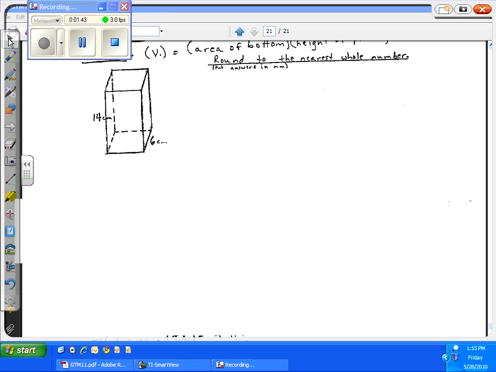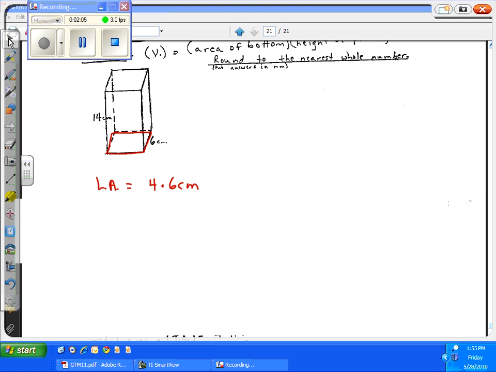So for lateral area is perimeter of bottom times height of prism. Well, the bottom is a square, and the formula for the perimeter of a square is 4 times the length of a side. So if we go 4 times 6 centimeters, we would get the perimeter of the bottom.